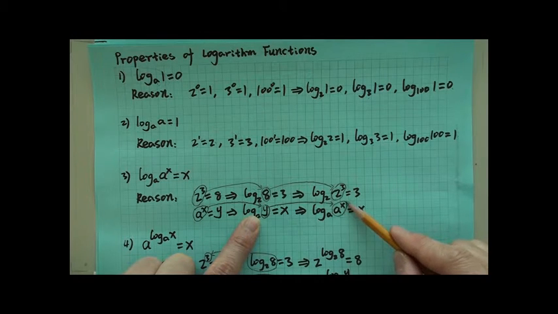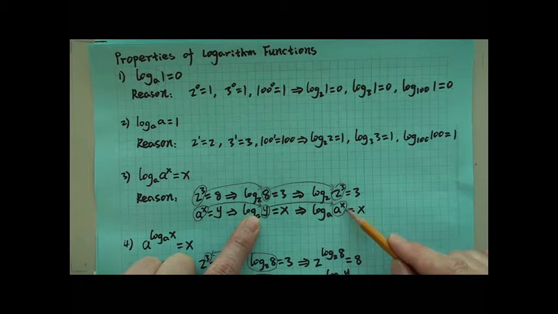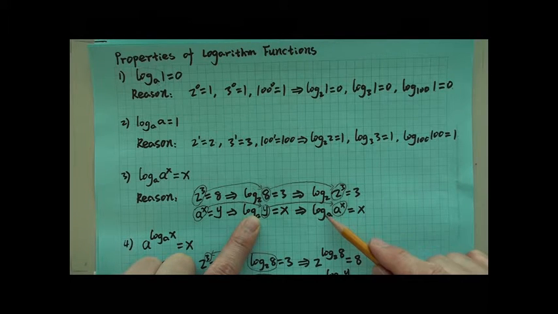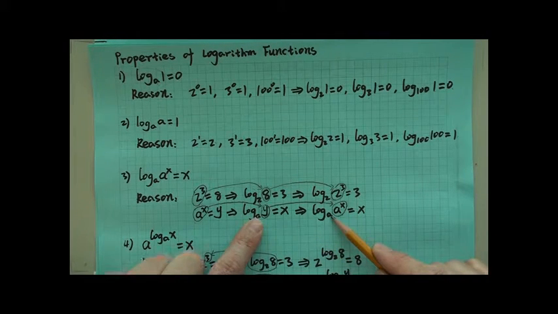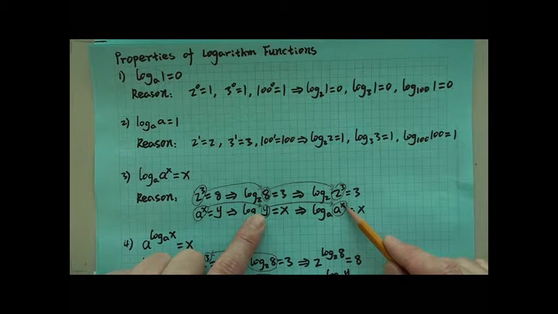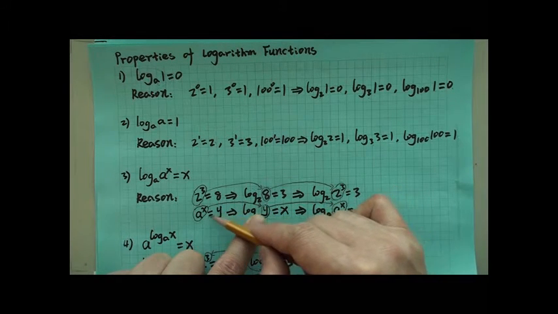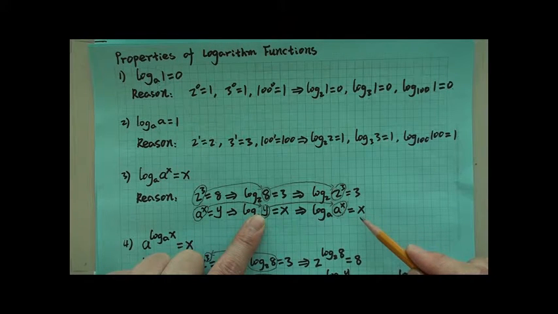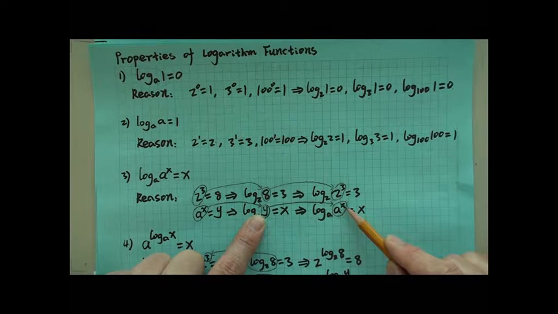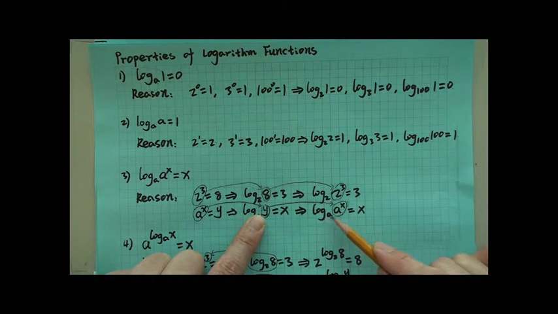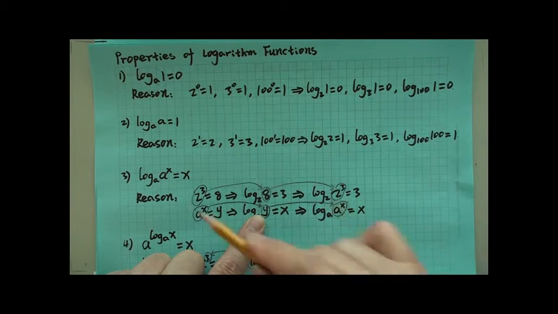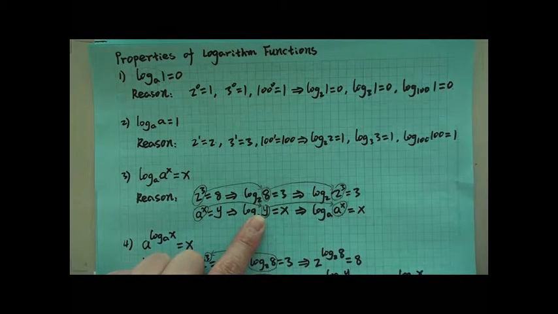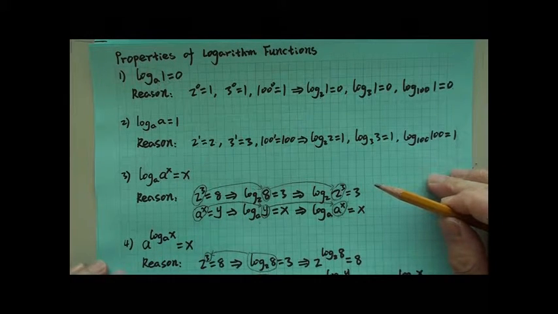So log base a to the a to the x, if the bases are the same, you can crash the log a and just write x, as we did here. That's the property 3.